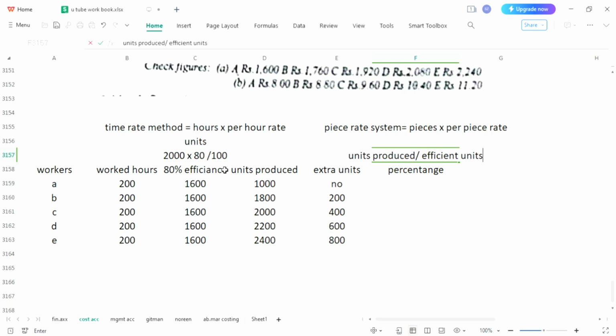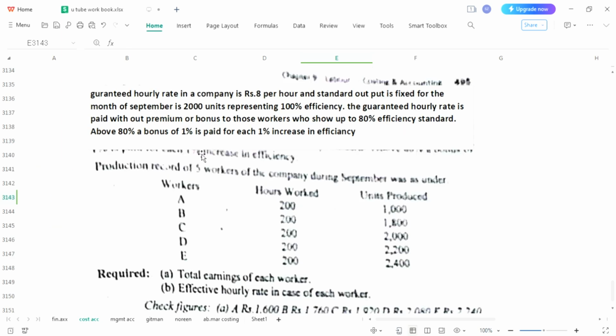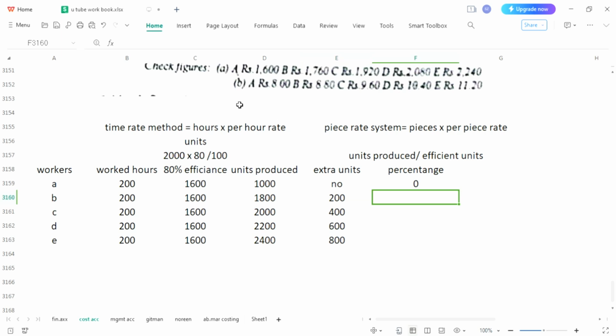This way you can get your percentage. Okay, first, nothing to worry about because he had not produced extra units. Second, we have 200 units. Month of September, 2000 units is representing 100% efficiency. So the first person had produced extra units.